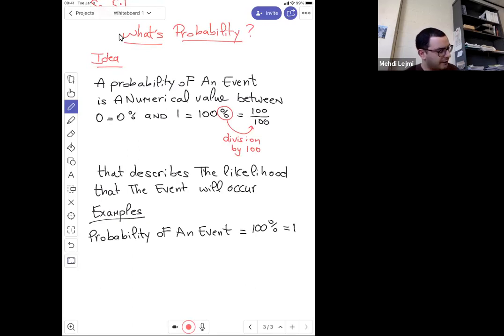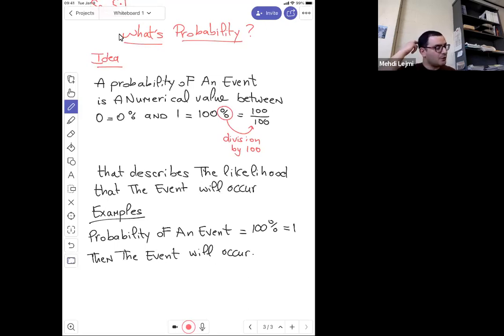There is 100% chance that the event will occur. So in other words, the event is going to occur.